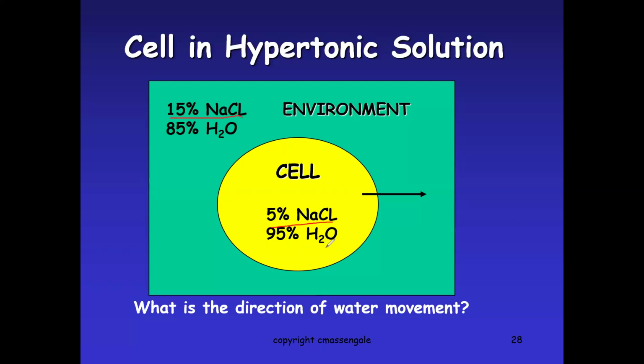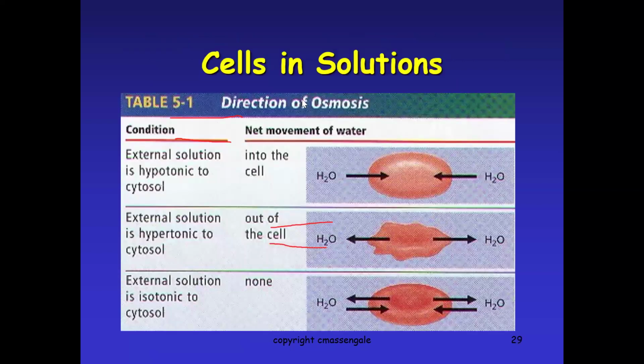The amount of water inside the cell is 95% and 85% in the environment. So therefore, the direction of the movement is outside the cell, that is to the environment, so that at least the concentration of water will now increase for the equilibrium to be maintained. That is in the case of hypertonic solution.